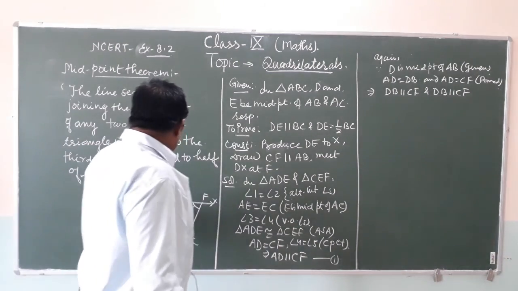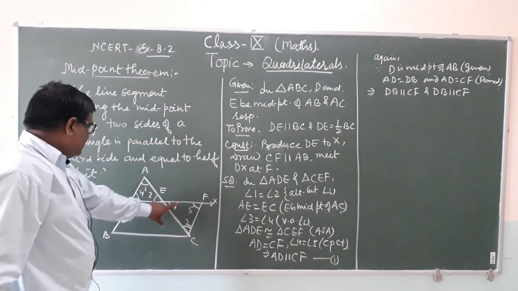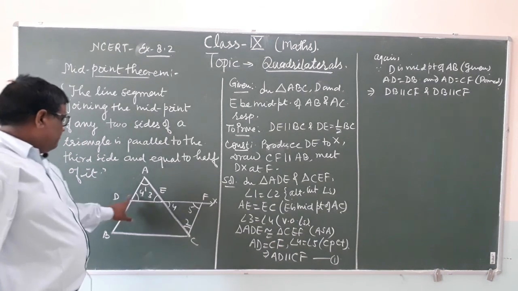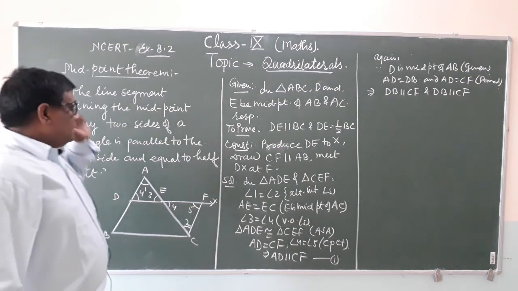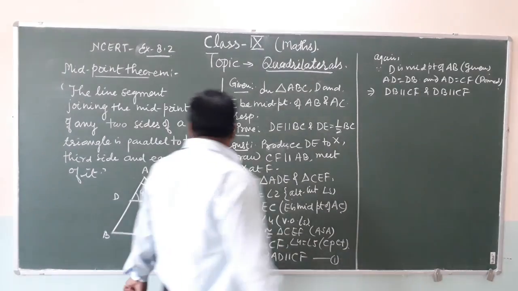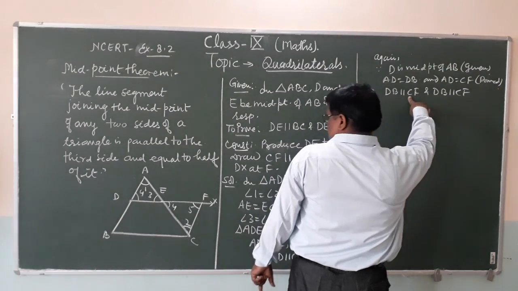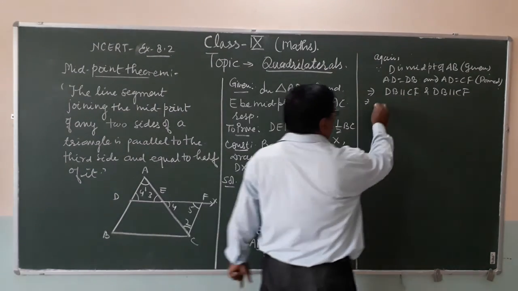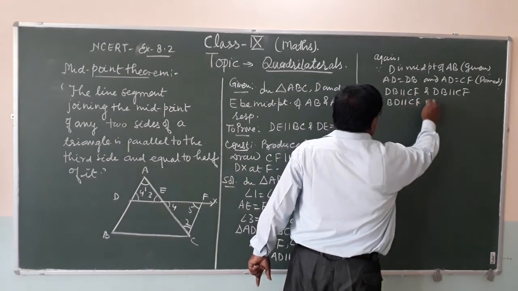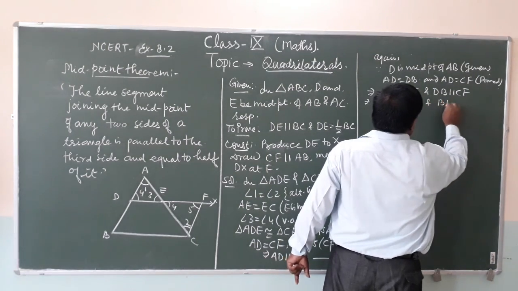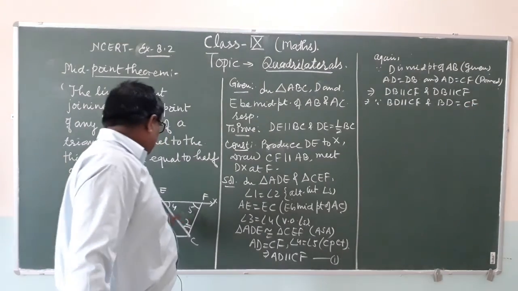So DB is parallel to CF and DB is equal to CF.